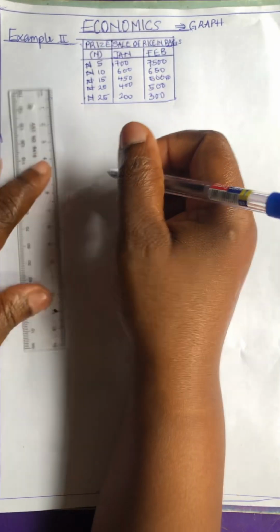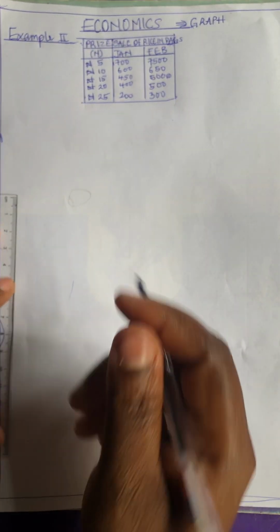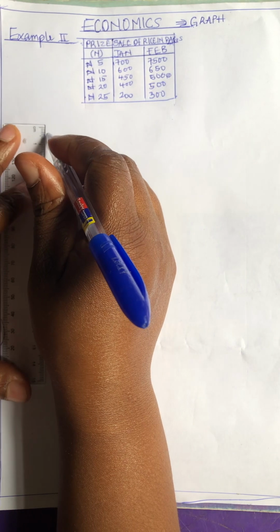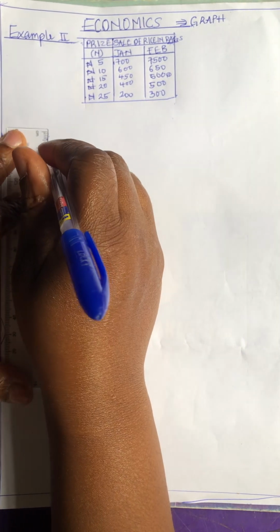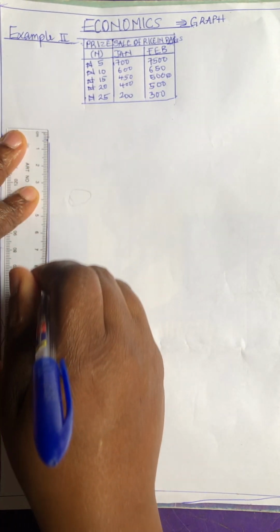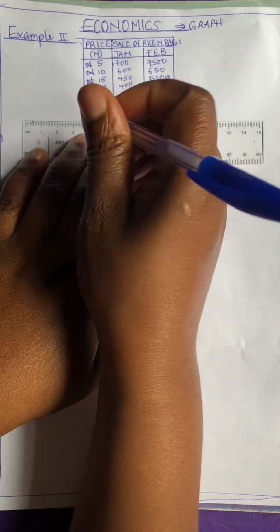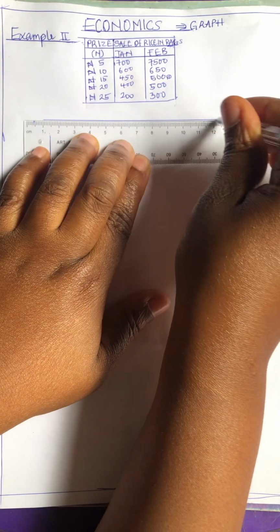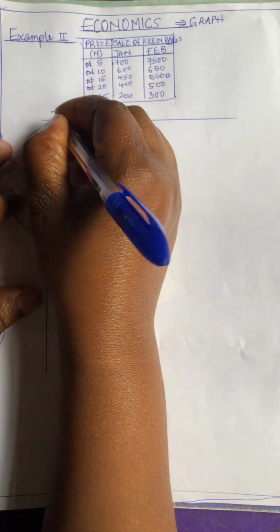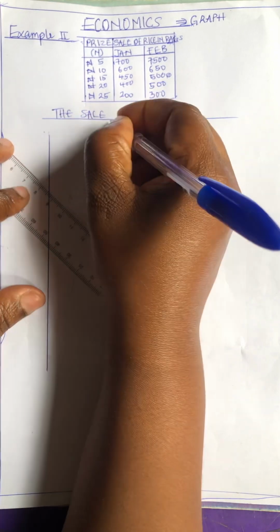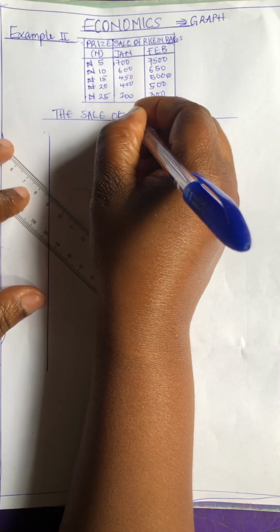Remember, the first thing to do while constructing your graph is to bring out your y-axis. This is your y-axis. Let us term this the sale of bags of rice.